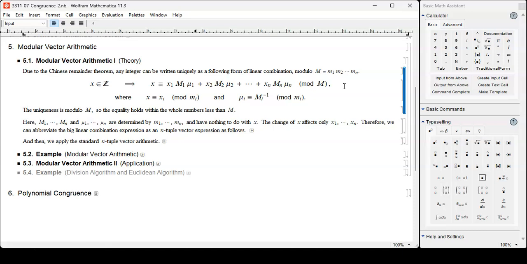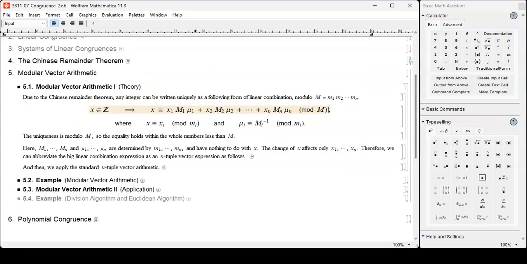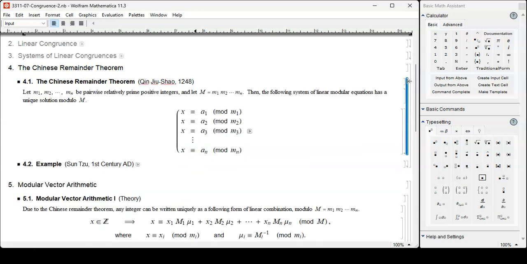Then, given an integer x, we can express it as a linear combination expression of capital M, small mk, and mu k, and all those are coming from the Chinese remainder theorem. Remember that.